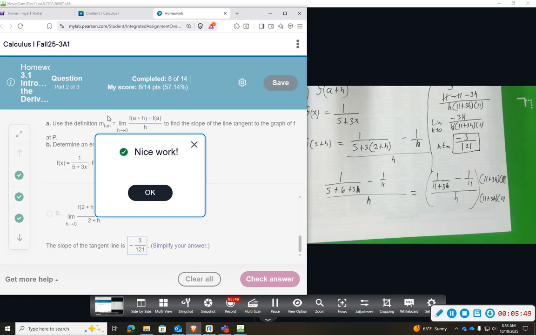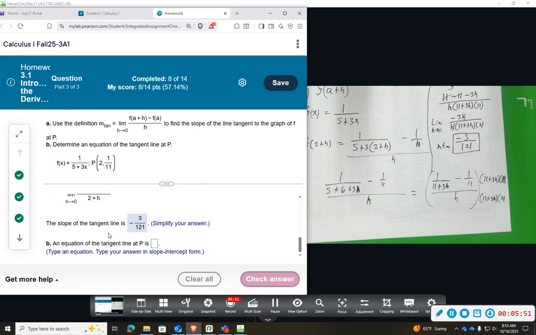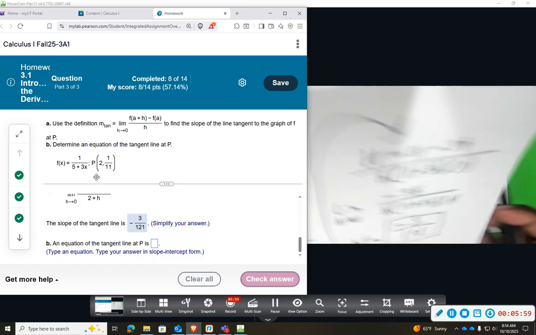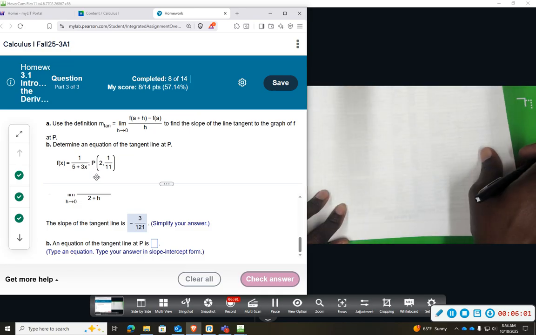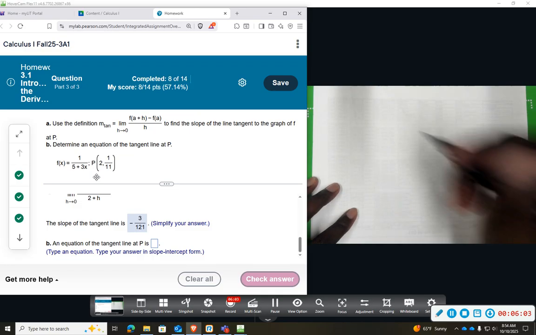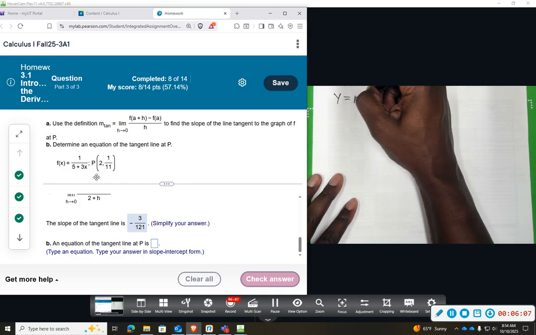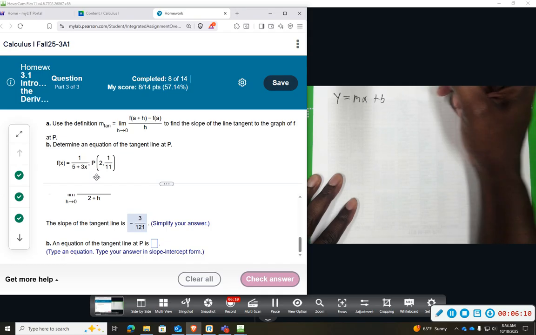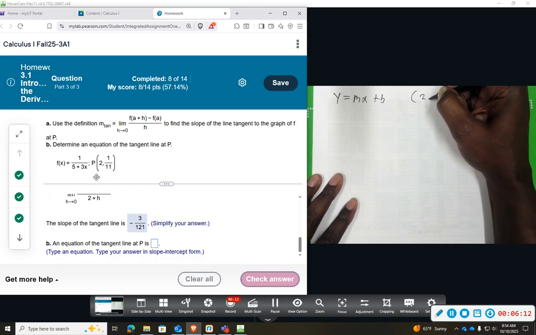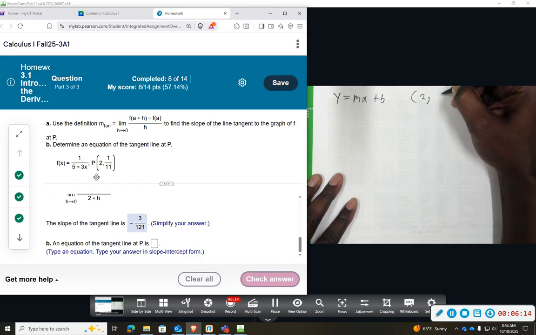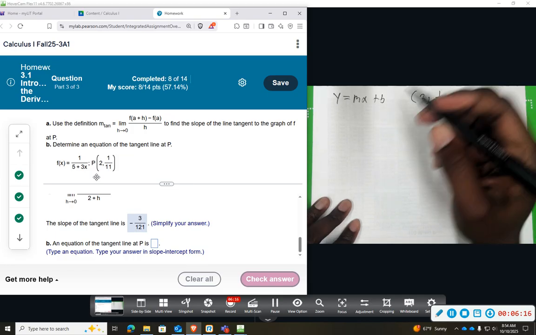All right, so now that we have our slope, we're going to find the equation of a tangent line using this ordered pair. So finding the equation of the tangent line, y equals mx plus b. We're using the ordered pair 2 and 1 over 11.